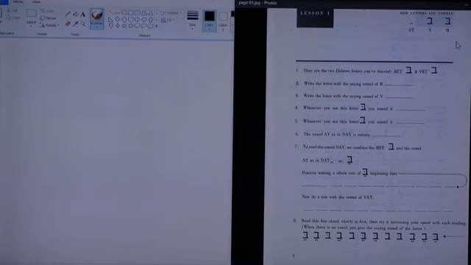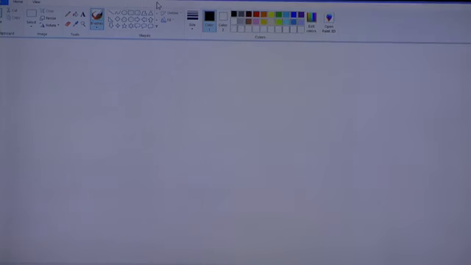You will make mistakes based on what the letter looks like, or when you draw it, you don't draw it completely. For an example, let's say we wanted to draw a bet, and we would do like that.